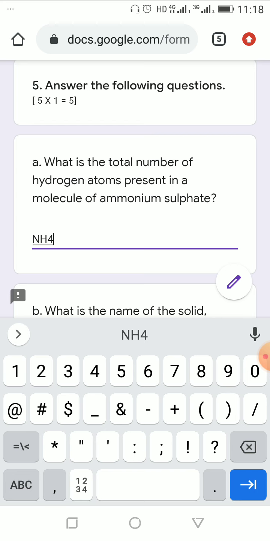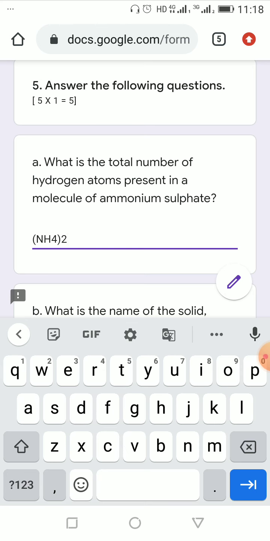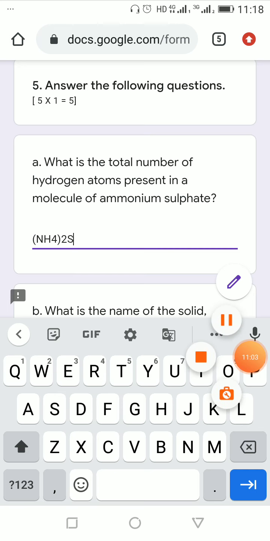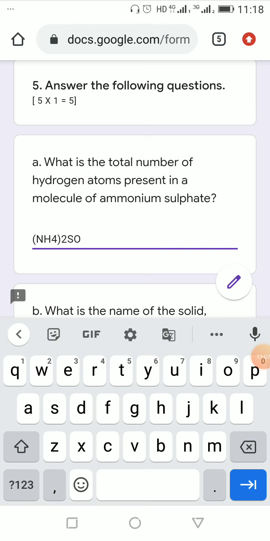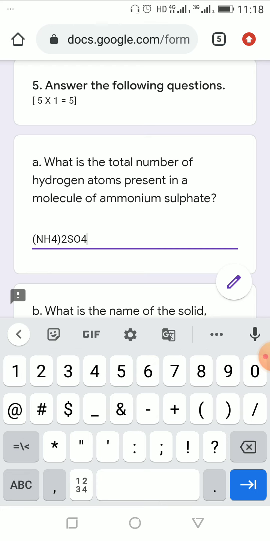NH4 whole 2 SO4. Okay, NH4 whole 2 SO4. Now see, there are 8 hydrogen atoms.